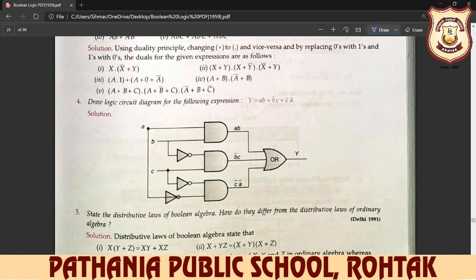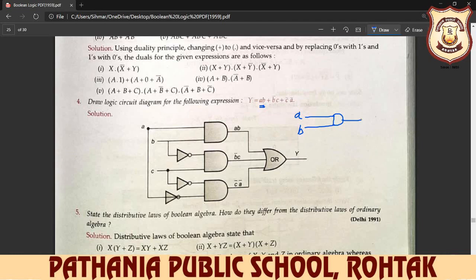Very simple question here. A B, we need A and B, so you just put A and B here. You put A value here and then you put B value here, and now the multiplication sign is here, so we need the AND gate, so you just draw an AND gate here. After that we need the complement.